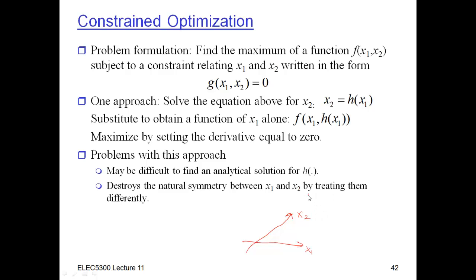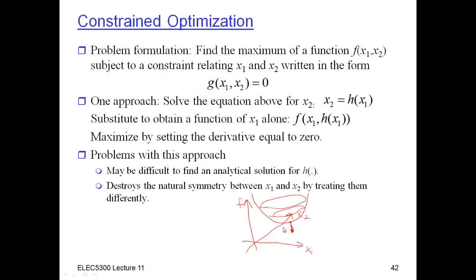I might have something like a bowl, and the lowest point in the bowl would be this point here, sitting right on top of this point in the plane. So this direction is really the direction describing f.